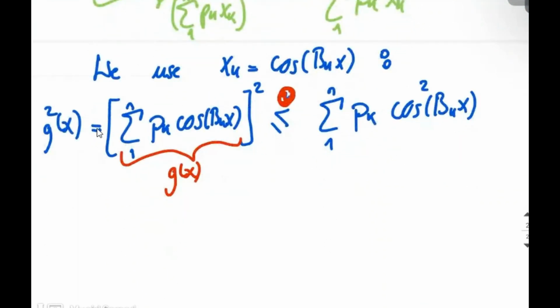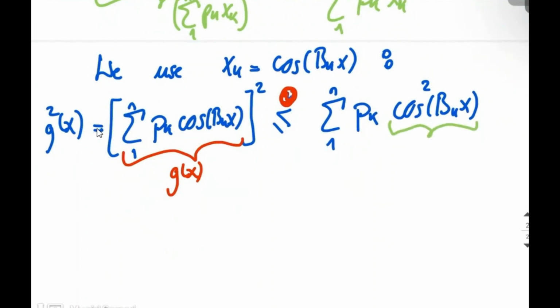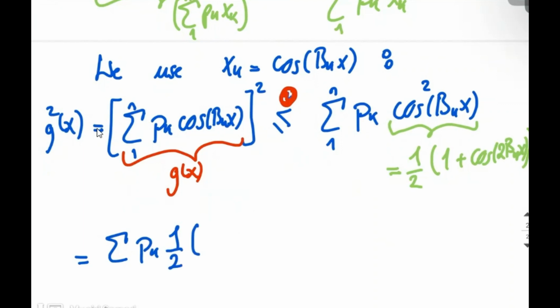Okay, and according to fact number 1, this here is exactly the same thing as 1 over 2 times 1 plus cosine of 2 beta kx. Okay, let's use that and write, this is the summation of pk times 1/2 times 1 plus cosine of 2 beta kx from 1 to n.